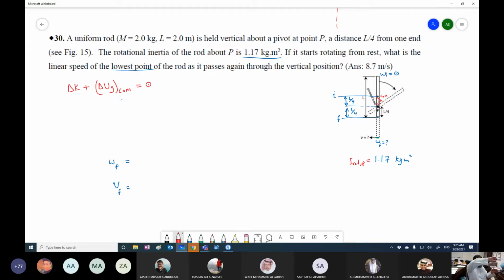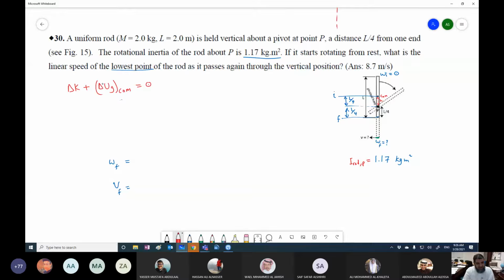Okay, and it is fixed about this point. تبدأ من فوق. Okay, and it goes like this. It is rotating about this point. It starts at the top from rest, okay, and it goes down. We want to know how much is omega final.